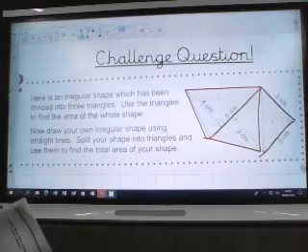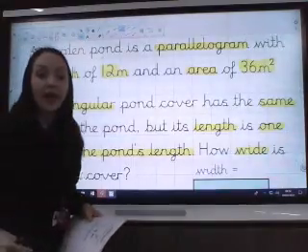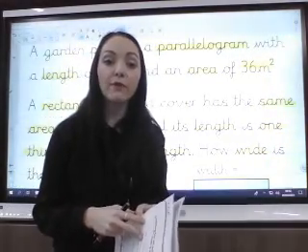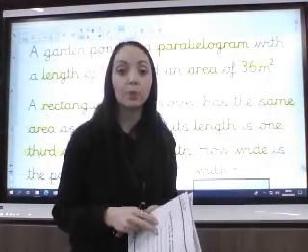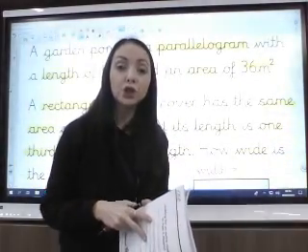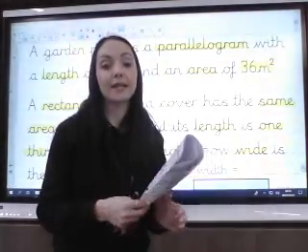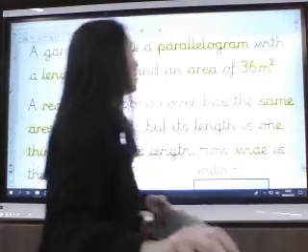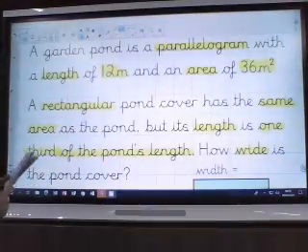Page 51 then is continuing with area, but we're moving on to the area of a parallelogram. We did go over the area of parallelograms last week, so I know that you already can calculate the area of a parallelogram, so we're just going over the reasoning side of area of parallelograms today. So let's have a look at question 1.